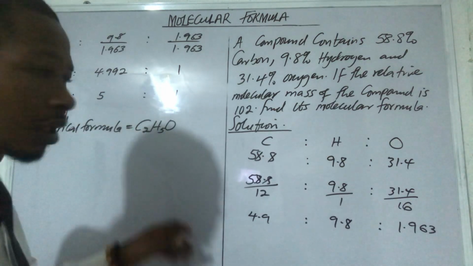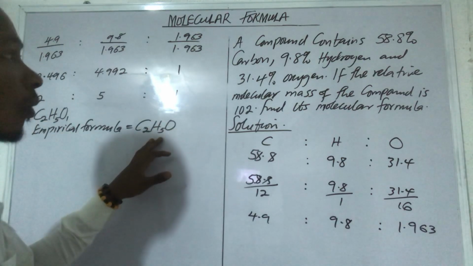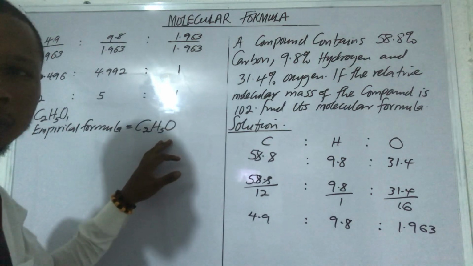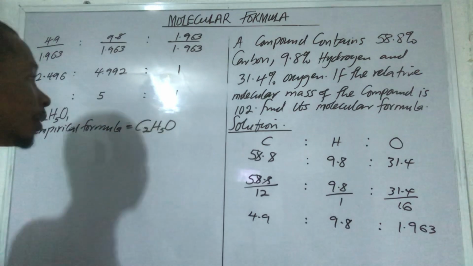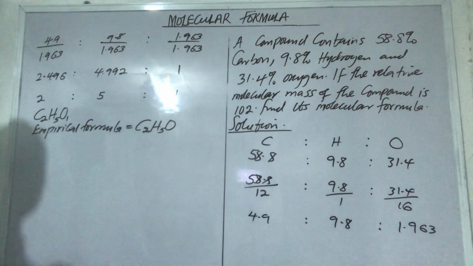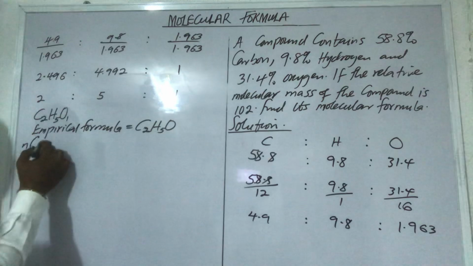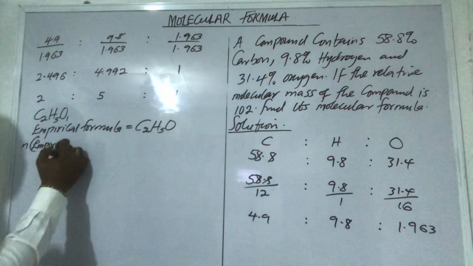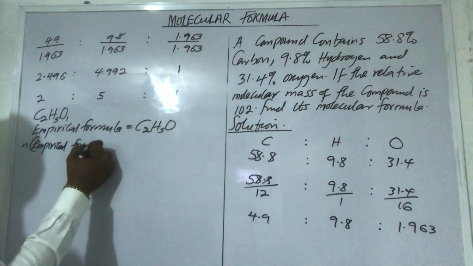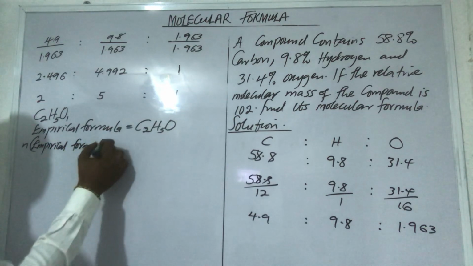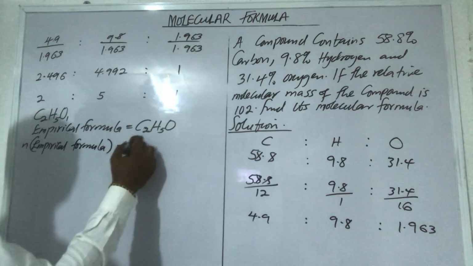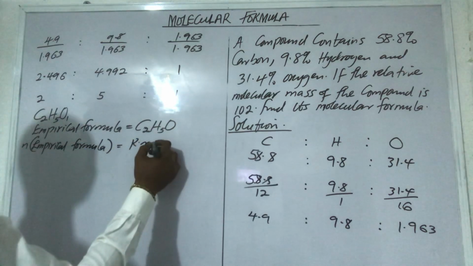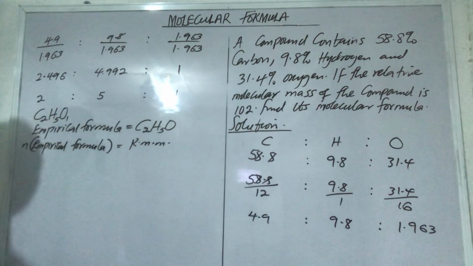Then using this empirical formula, we can now calculate our whole number multiple. You recall that N into bracket empirical formula is equal to the relative molecular mass of the compound.